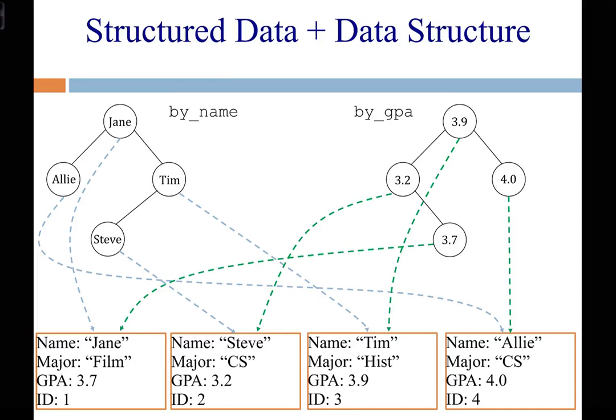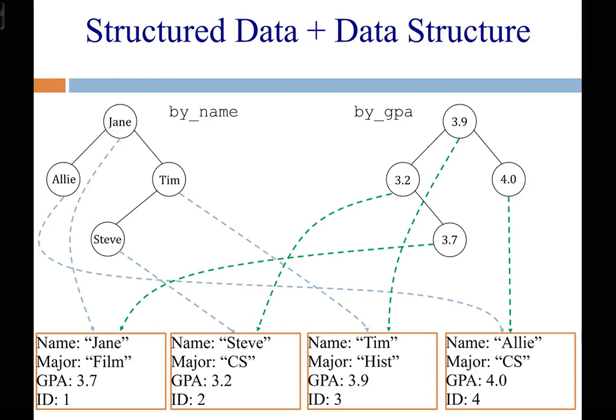I know that every record in one of these tables or relations will have a name, a major, and so on, and I know the type of those fields. I know that name is a string. I know that GPA is a number. So I can build a tree or a hash index on any of those columns that I want.